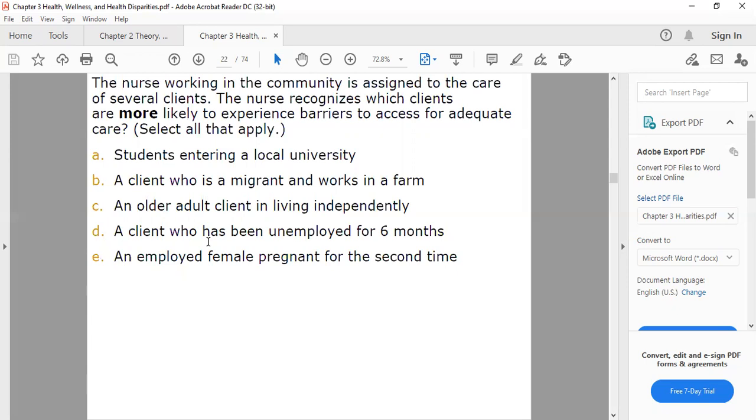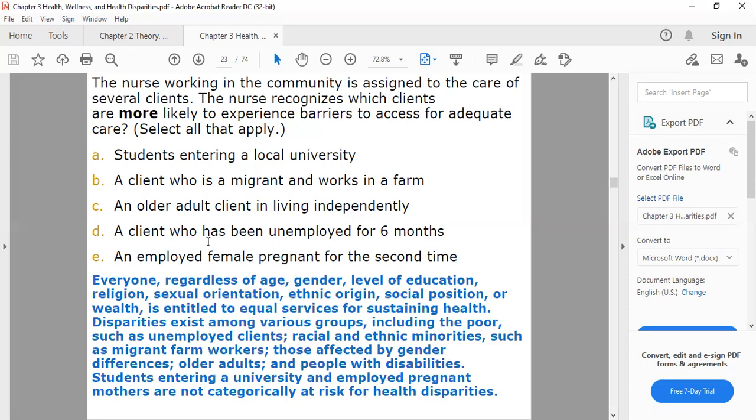They're going to have access, right? Yeah. B, okay, B, a migrant worker who works on the farm. D, a person unemployed. And C, okay, I like C too. Yeah, C. Okay, good. So it was B, C, and D.